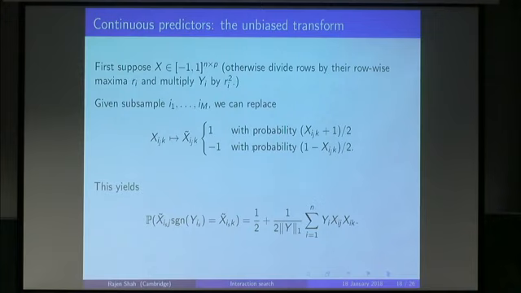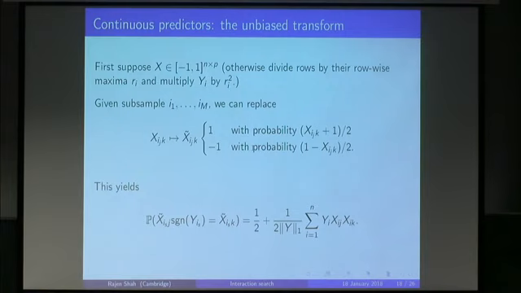If we have continuous predictors, what we essentially try to do is a transformation of the predictors that makes them binary. One approach is this randomized unbiased transformation, where first we assume that all the entries in X are in [-1, 1]. If they're not, what we can do is divide the rows by the row-wise maxima to get them in [-1, 1], and then multiply the corresponding entry of Y by the square of the row-wise maxima.